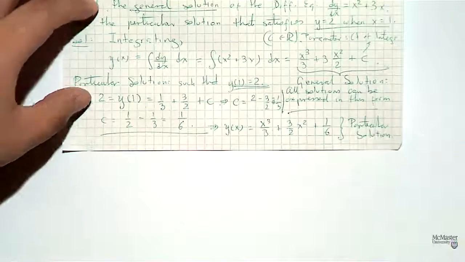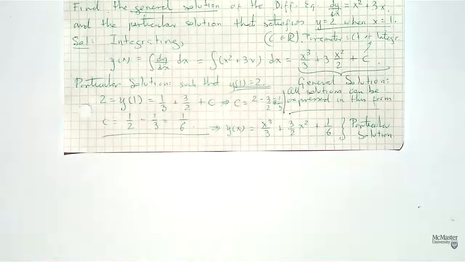But this is illustrating why we talked separately about general solutions, where you have basically all possible solutions of differential equations, and a particular solution that satisfies a given condition. It gets more complicated. There is a lot of theory for linear differential equations.